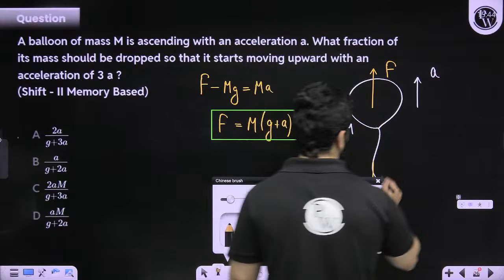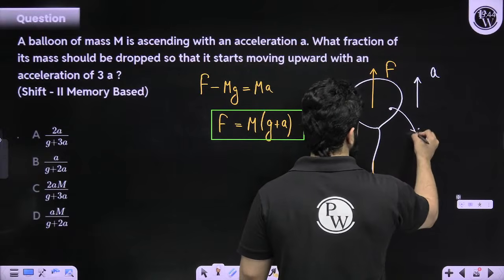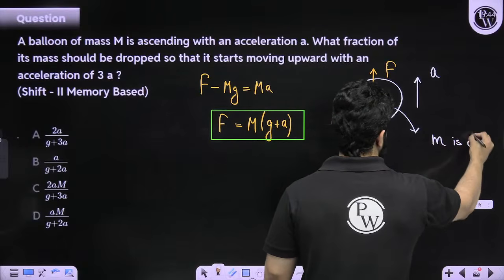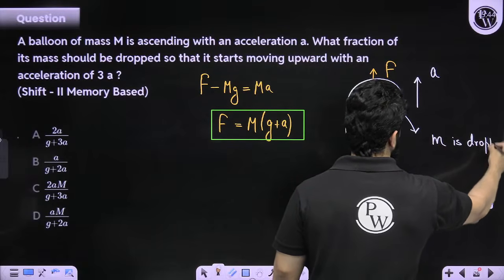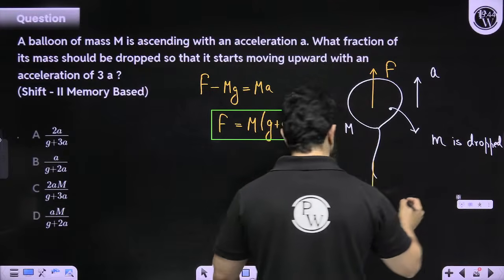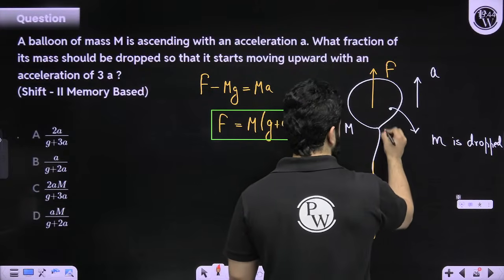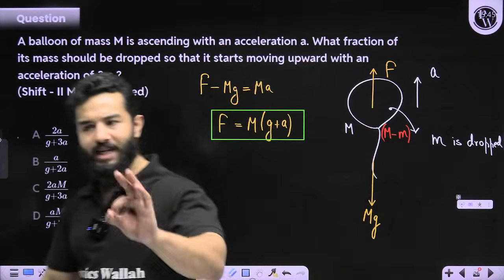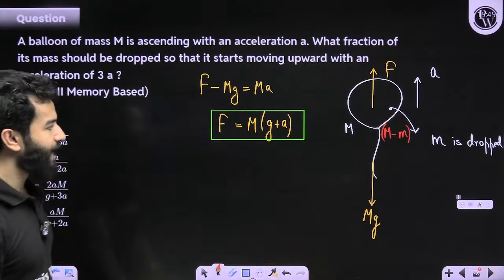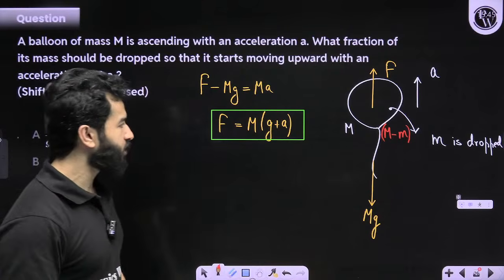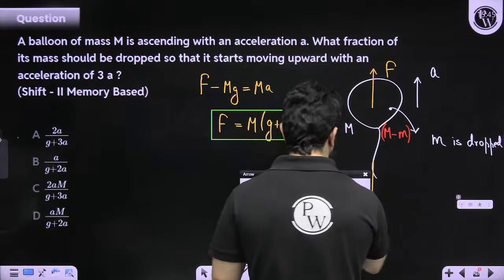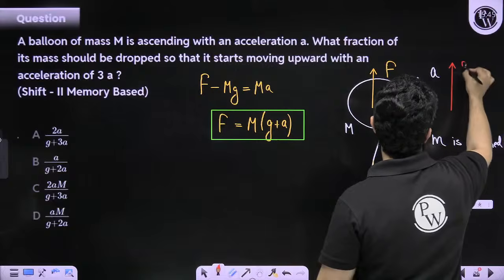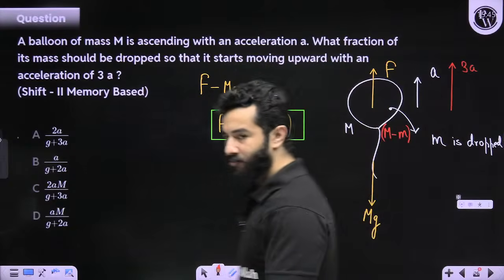And then they are saying what fraction of its mass should be dropped. So let's suppose small m mass is being dropped. Now the new mass of the balloon is capital M minus small m. In that case, the acceleration becomes 3a.